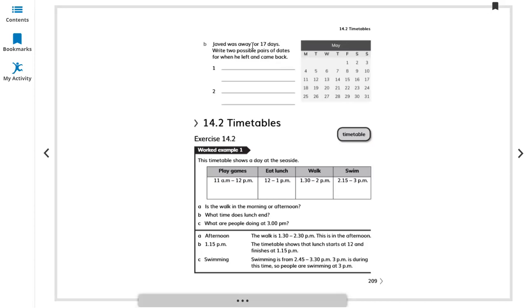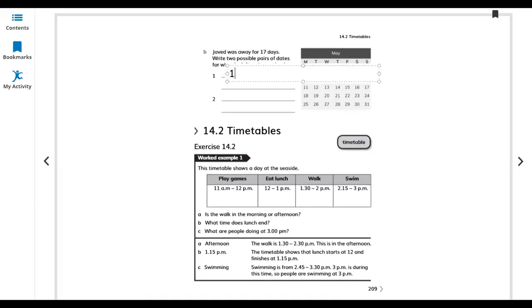So Javed was away for 17 days. For example, he left on first of May, and he came back 17 May.